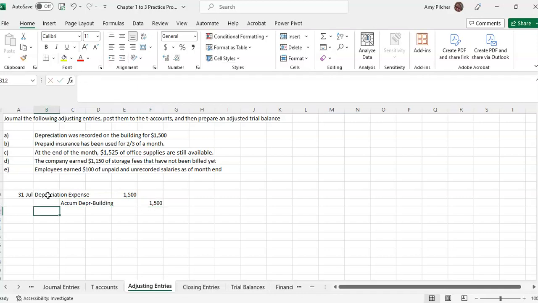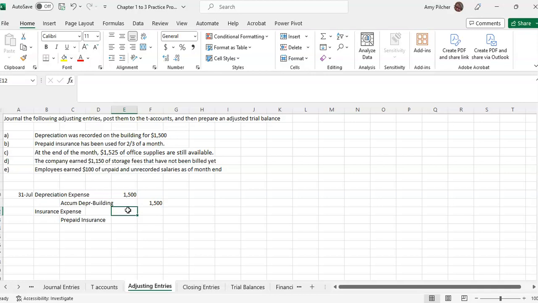Okay. Prepaid insurance has been used for a month. So we're going to record our 2/3 of a month insurance expense, and we are going to reduce prepaid insurance. So for that amount, that 12-month policy was $7,200. So we're going to take $7,200 and divide it by 12.